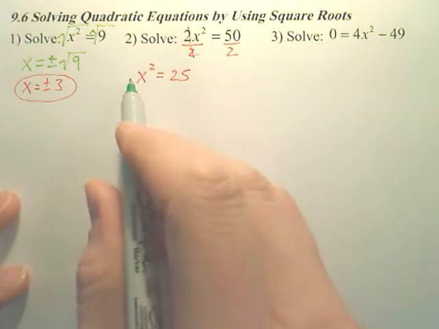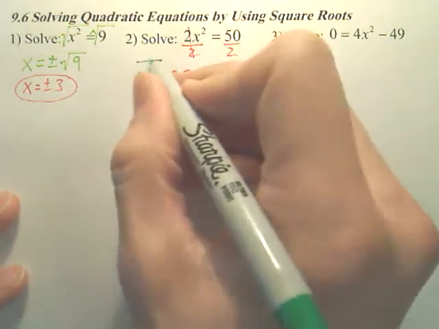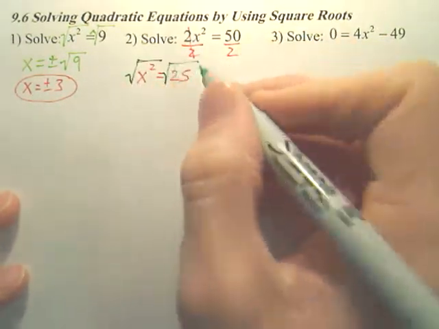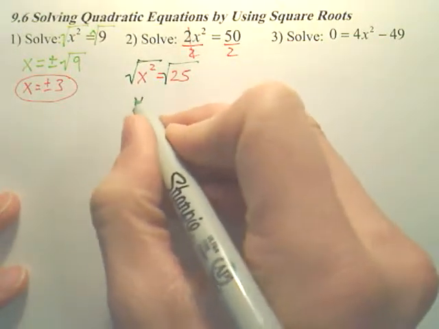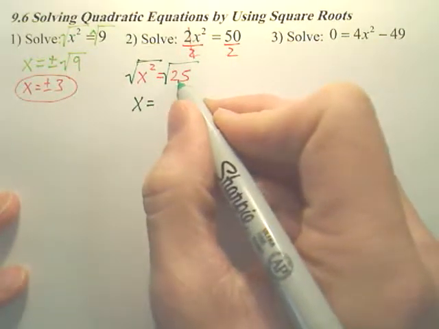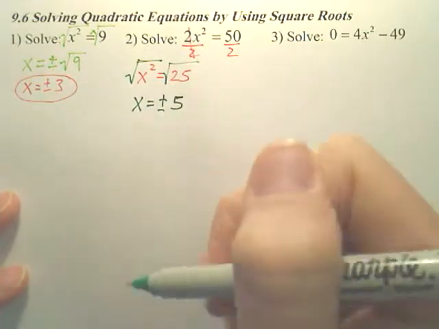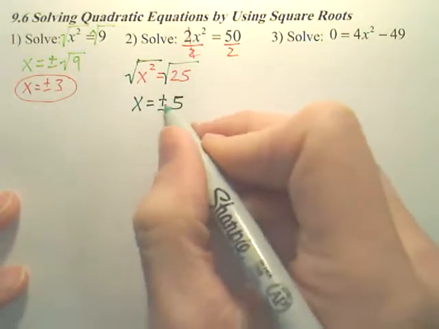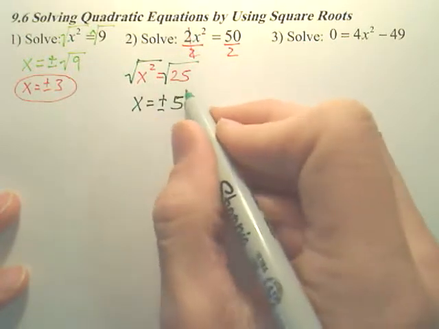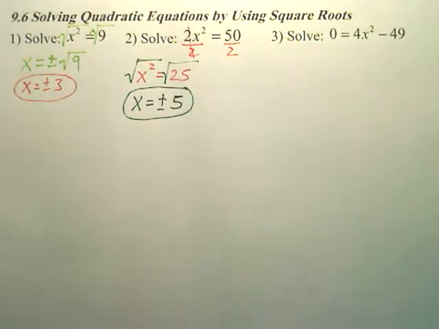But let's use the square root, so we're going to square root both sides. Square root that, we end up with x equals, and the square root of 25 is 5, and don't forget plus or minus, because you have to have two answers whenever you square root both sides, so positive or a negative.